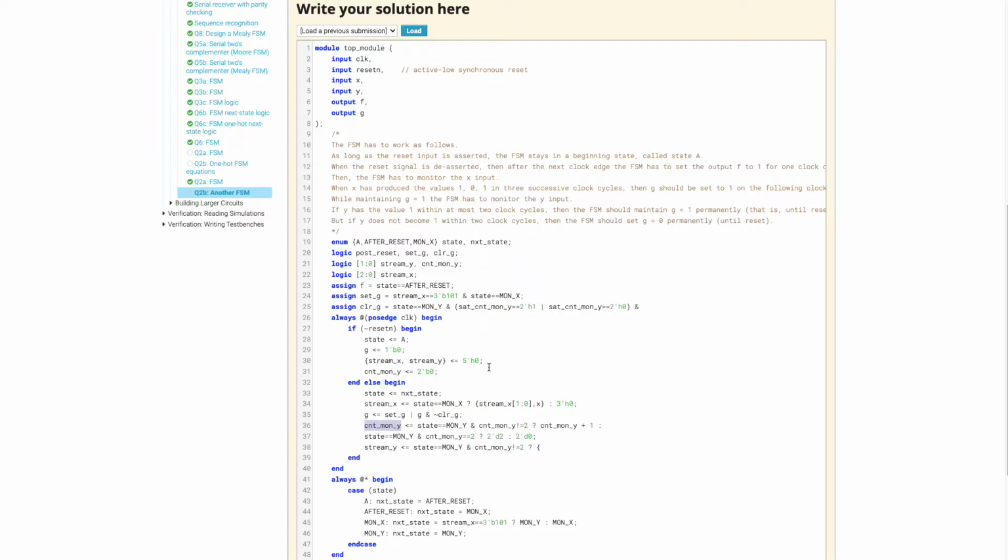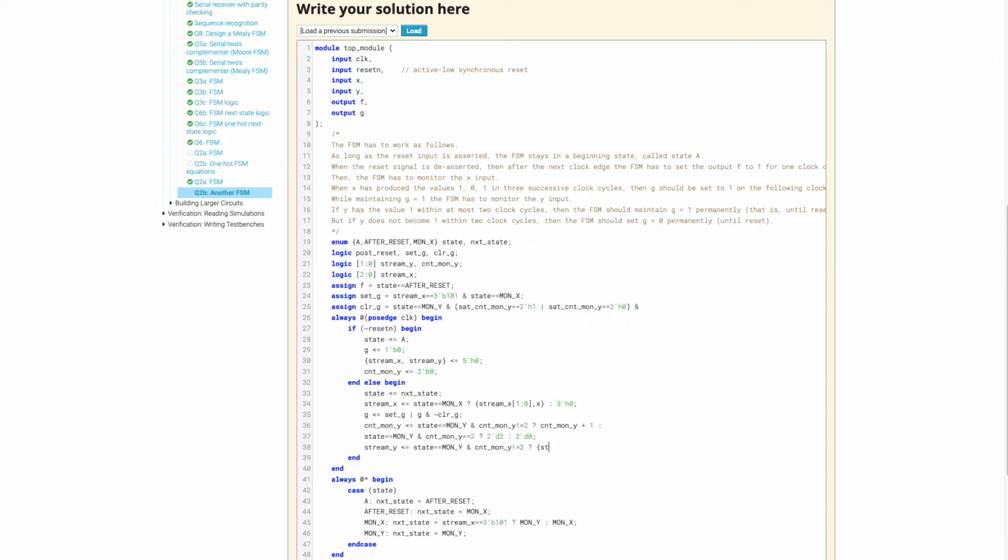So this would be 0, 1, and then the third cycle would be 2. And by the same token, on the third cycle, it'll stop shifting. On the first 2 cycles, it will shift the Y's in.